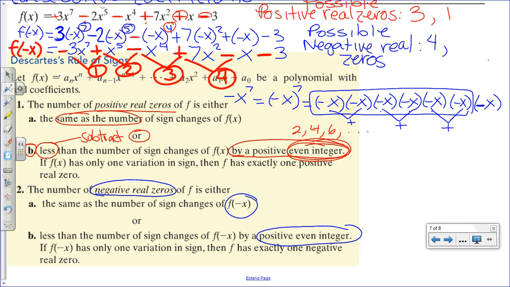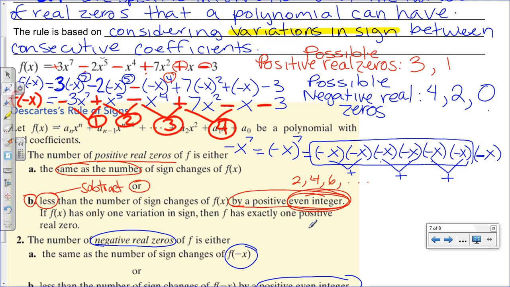So if I do that, 4 minus 2 is 2. 2 minus 2 is 0. So for this problem, we have that possible positive real zeros, we could have either 3 or 1. And possible negative real zeros, we could have 4 or 2 or none.